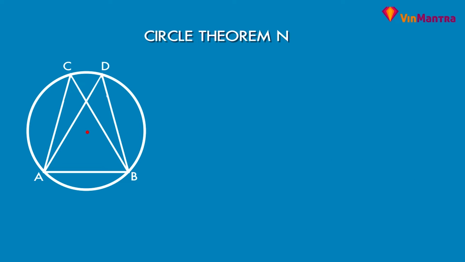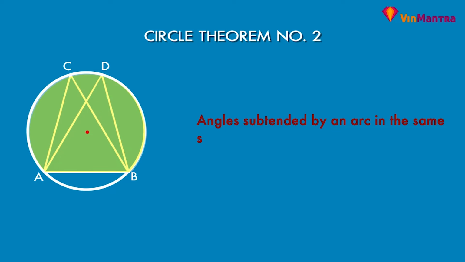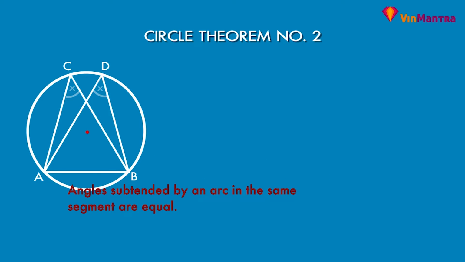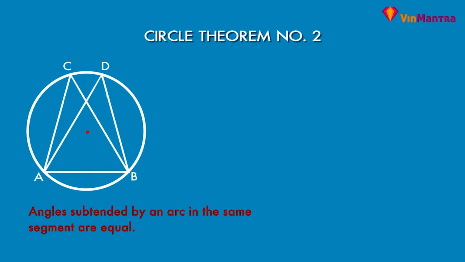The second circle theorem states that angles subtended by an arc in the same segment are equal. The proof: let angle ACB be x.